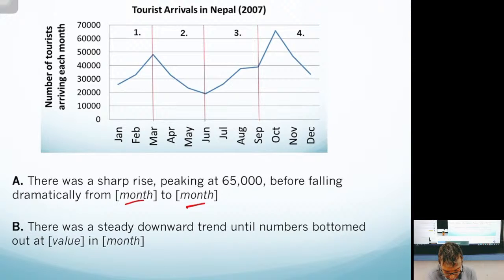So from blah blah blah to blah blah blah. Then B, there was a steady downward trend until numbers bottomed out at what value, what number, and then in what month.